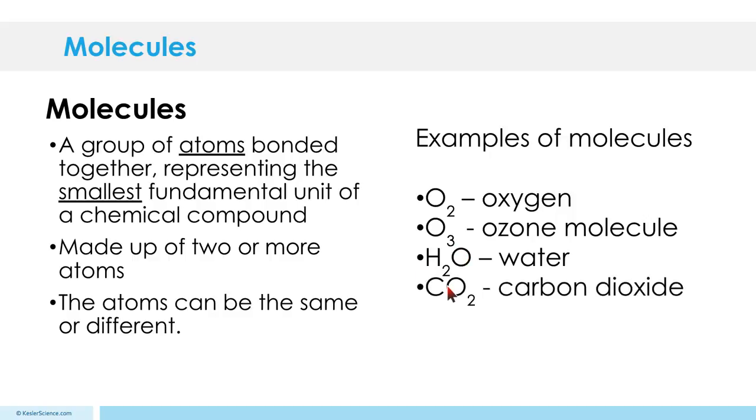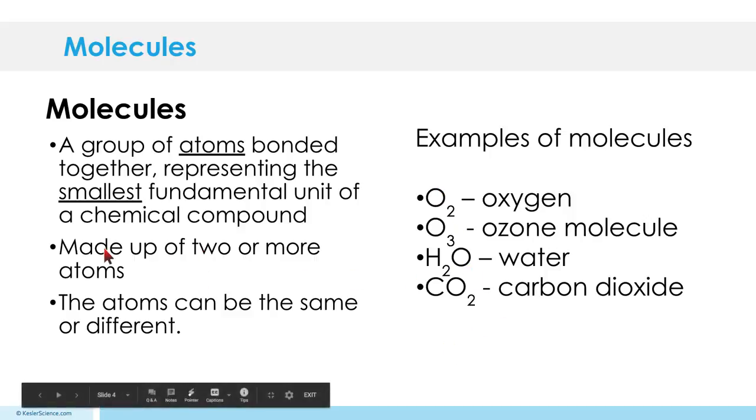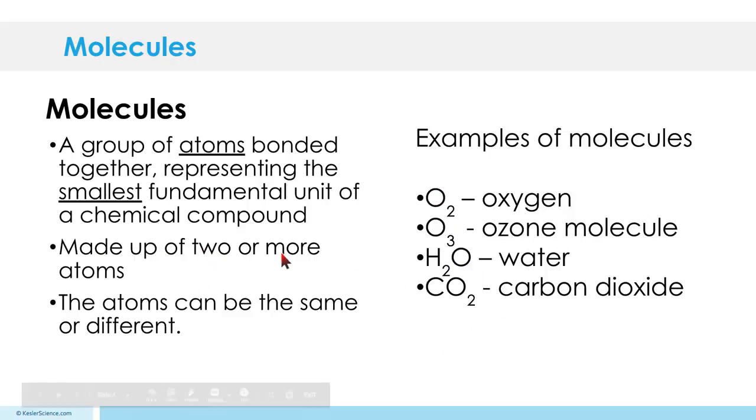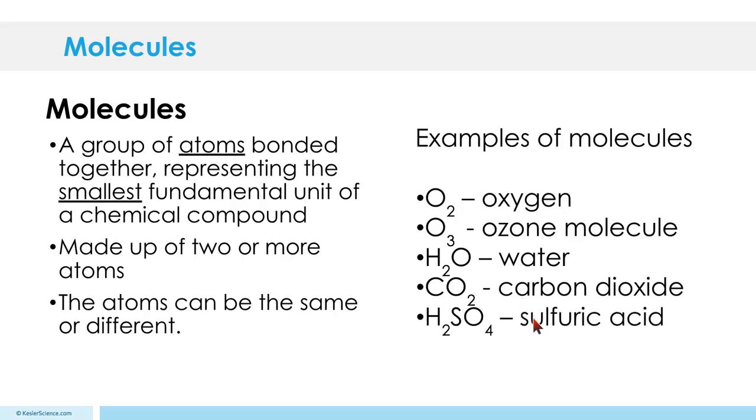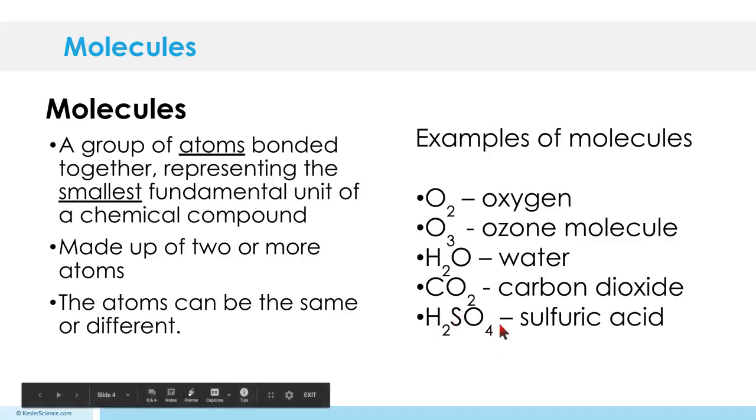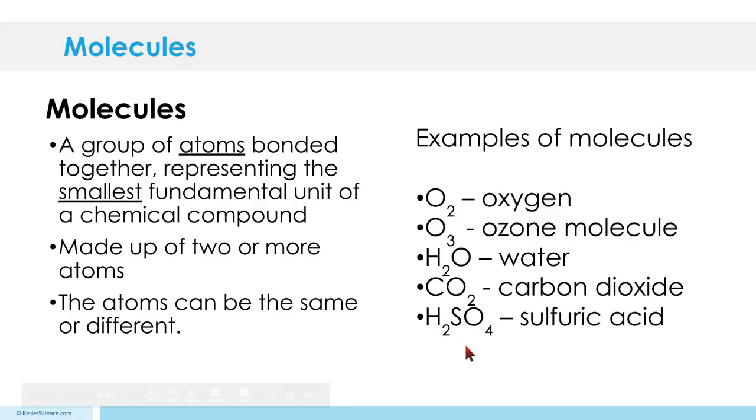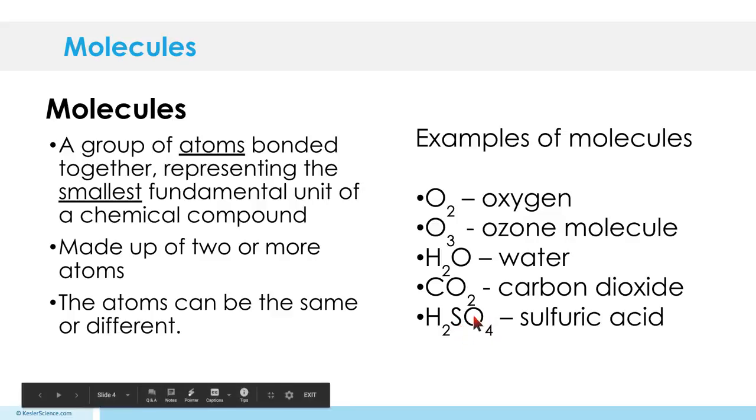And then lastly, CO2. This also is a molecule. Why? Because it fits the definition of 2 or more atoms. 1 carbon, 2 oxygen. This is carbon dioxide. And then we have this interesting one, H2SO4, sulfuric acid, 2 hydrogen, 1 sulfur, and 4 oxygen.